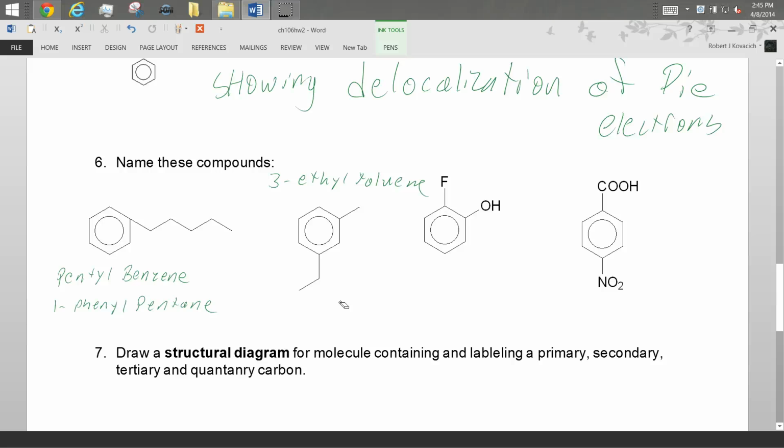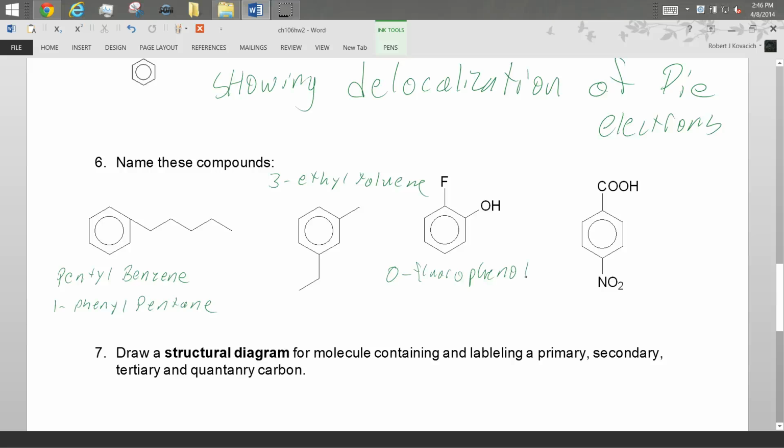How about this next one here with the fluorine and the alcohol group? That's probably the easiest one. O-fluorophenol. That's probably the first one in the list of names you would get if you were to try to purchase this. If you go to a company like Merck or Dow Chemical or Bayer or other chemical companies, they would have this molecule's picture there, and they would list all the possible names for it, all the different aliases.